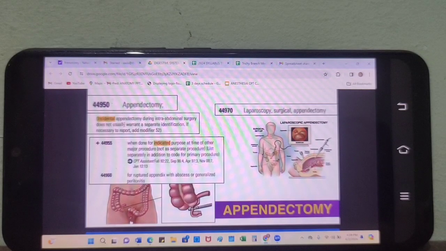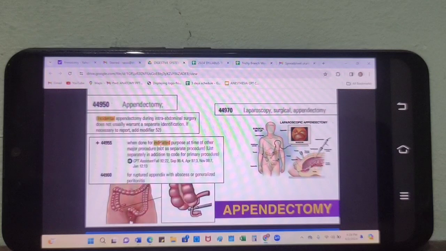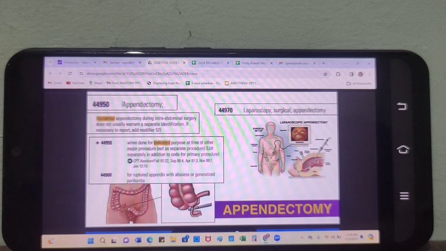Then these two pieces of information are very important. Indicated means pre-planned. Take that meaning. Indicated means the doctor previously planned an appendectomy with another major procedure.